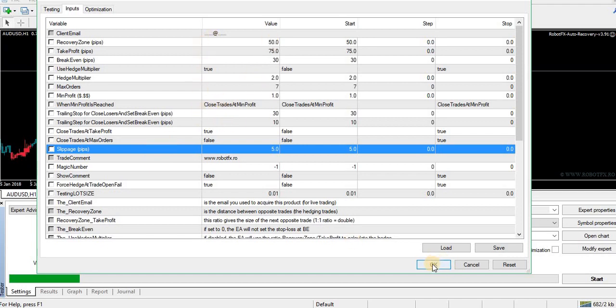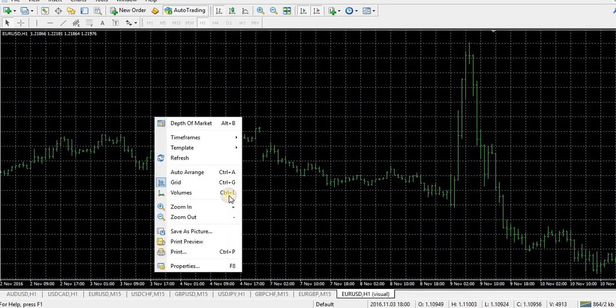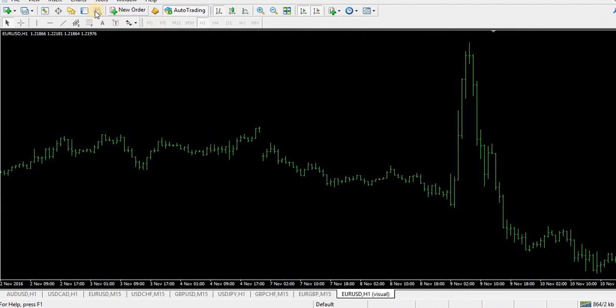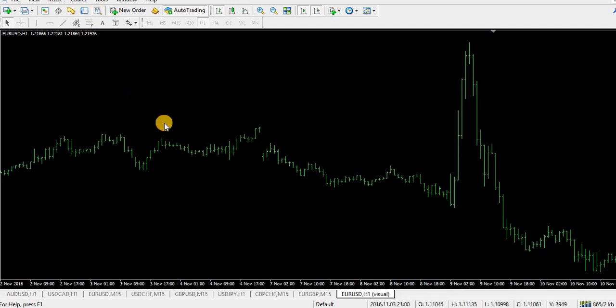So let's see some movement, right? Again, no grid.